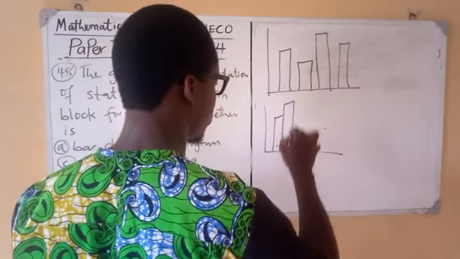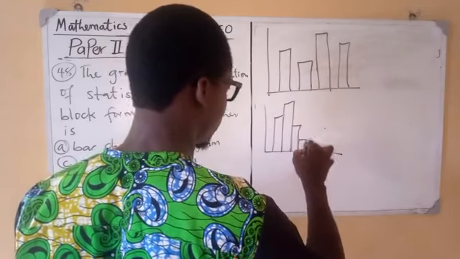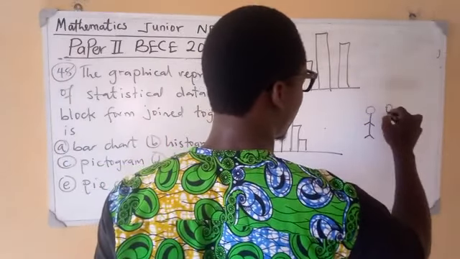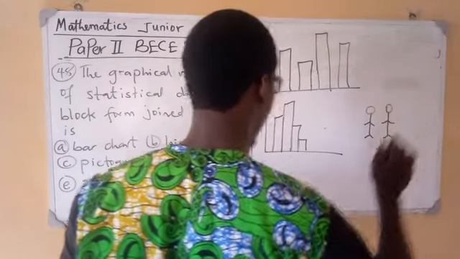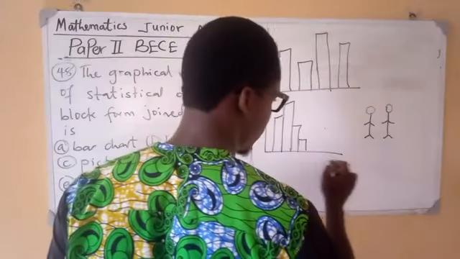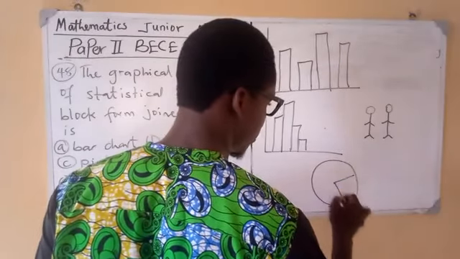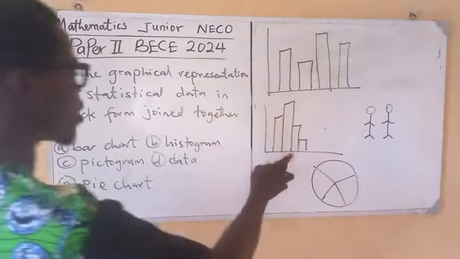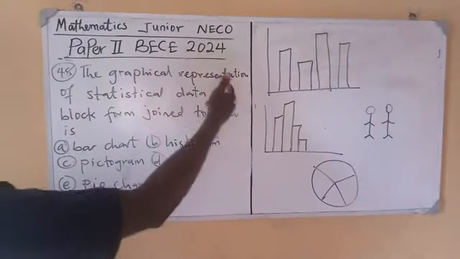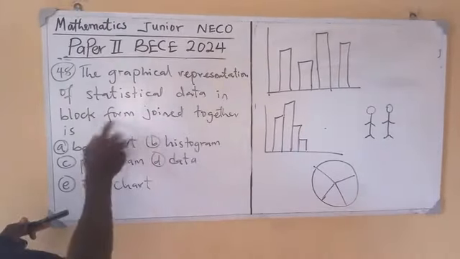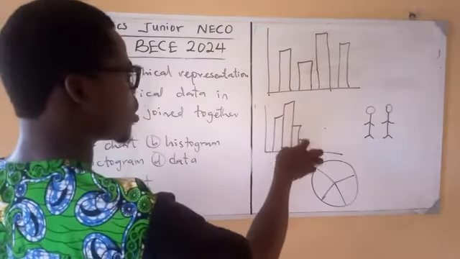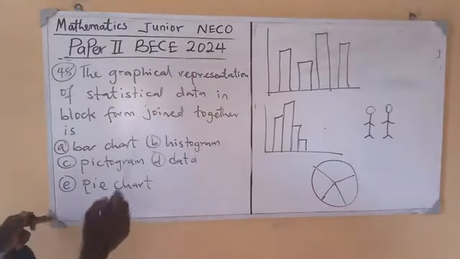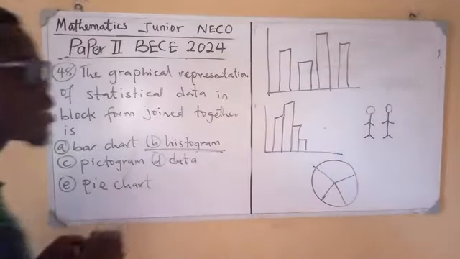The bars are joined together. Then we have pictogram, which are pictures of things, and then pie charts. We have something like this. So you can see that histogram is the correct option. Block form joined together is a histogram.